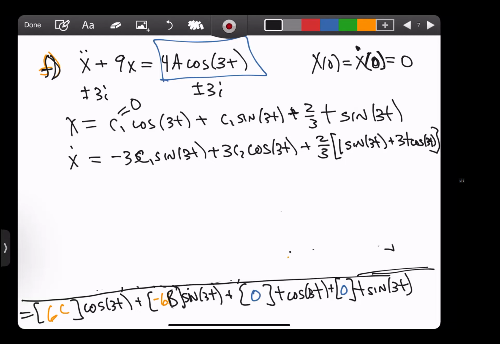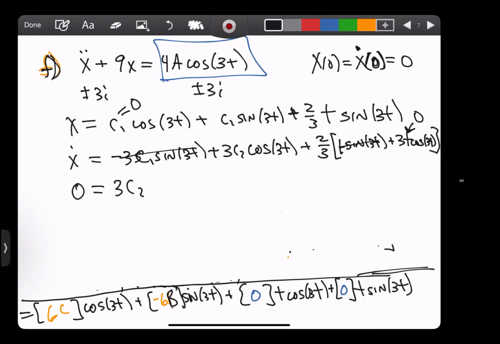So now we put in 0, and all the sines are going to die. And what'll be left is the cosine. And so we've got 0 equals 3c2. But notice that when I put in t equals 0, that also goes down. So we just got 0 equals what? Wow.